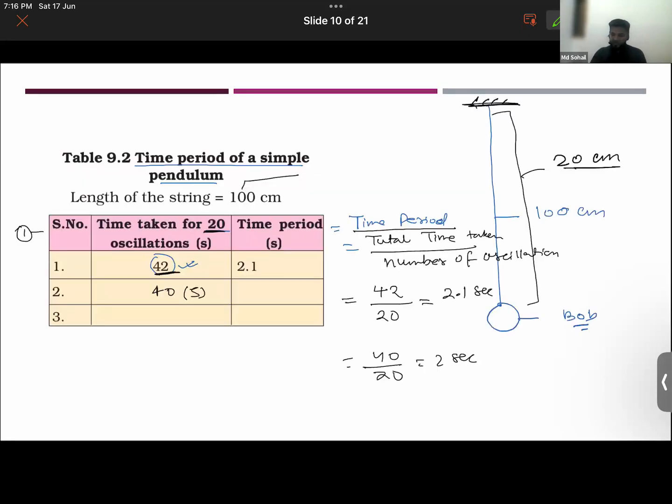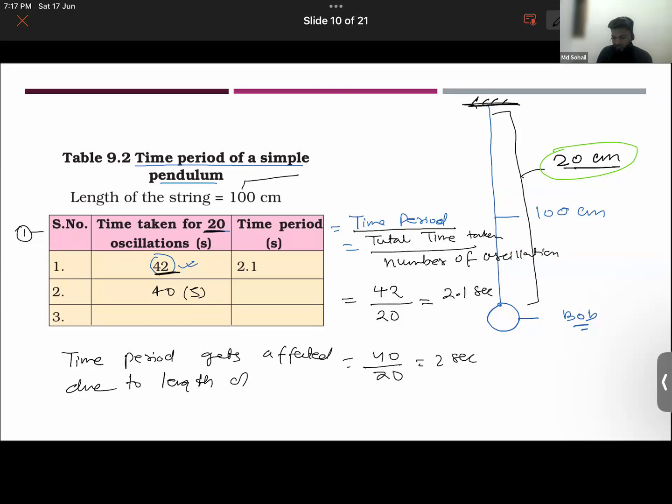So if you shorten or increase the length of this string, it will have an impact on its time period. Note this: time period gets affected due to the length of the string.